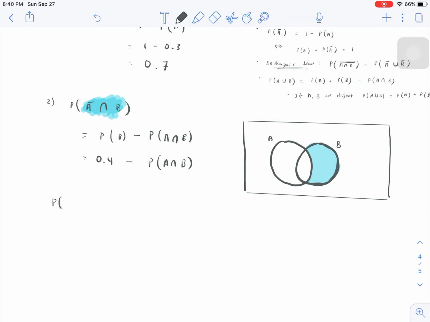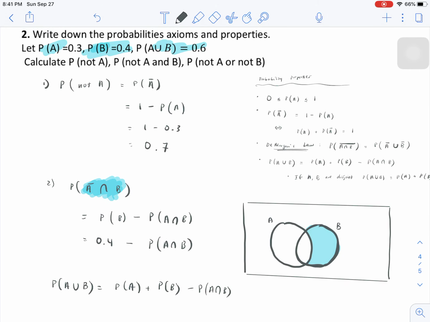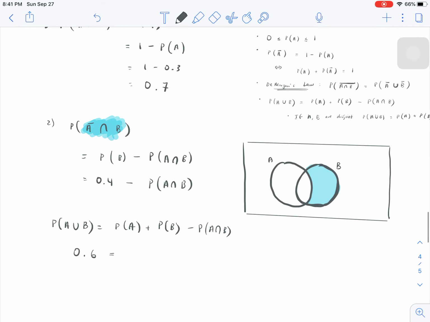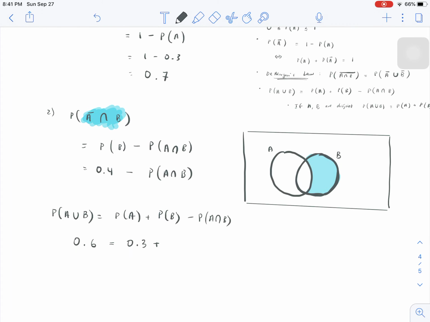So let me write down this property right here. And that says the probability of the union is equal to the probability of A plus the probability of B minus the probability of their intersection. They told us that the probability of the union was 0.6, so I'm just going to plug that in. The probability of A we're given was 0.3. The probability of B we were given is 0.4. And I want to solve for this unknown quantity.